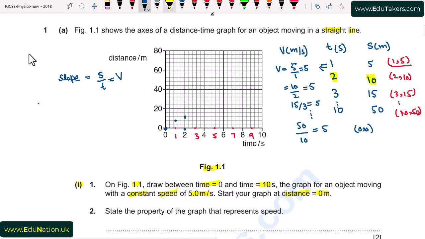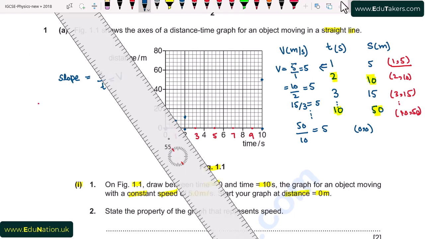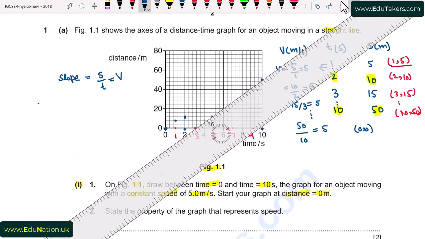Now we see the last point, where time is equal to 10 and distance is equal to 50. At this point, time is 10 and distance will be 50. So we have to draw a straight line and join all of these points. I will draw a straight line here.